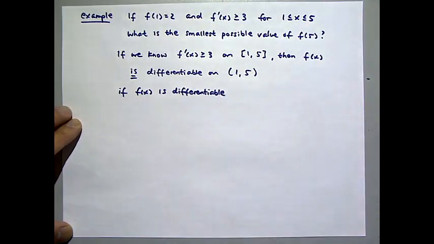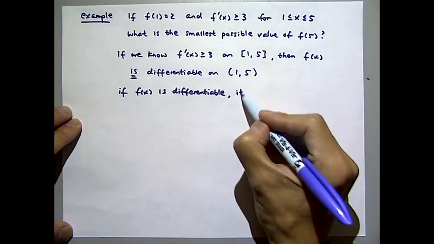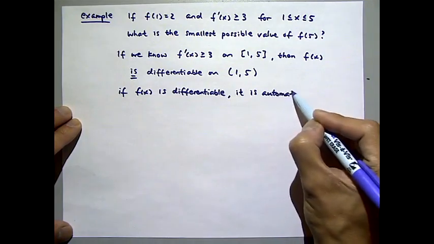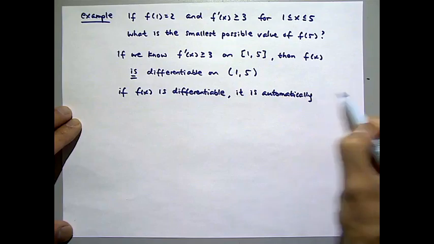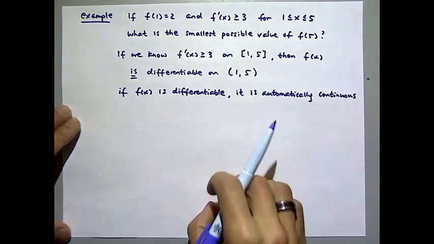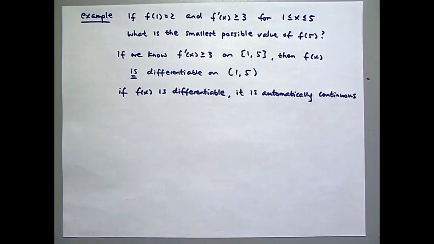If the function is differentiable, it is automatically continuous. Continuity is a requirement for differentiability. So if you know something is differentiable, like we have going on here, it is automatically continuous.